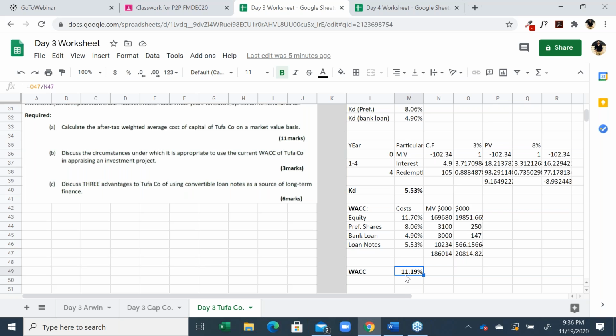I have to assume that the capital structure of the company, these ratios, will not change, and the new project will be financed using the same sources of finances and in the same proportion as the current ones. That should be our assumption.